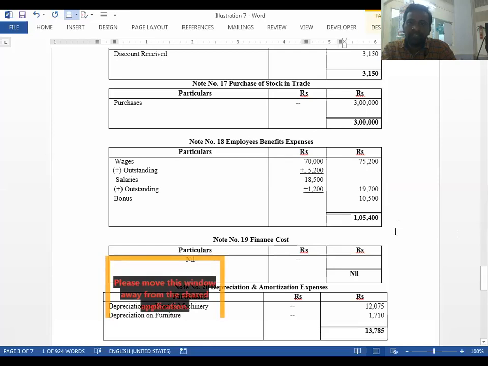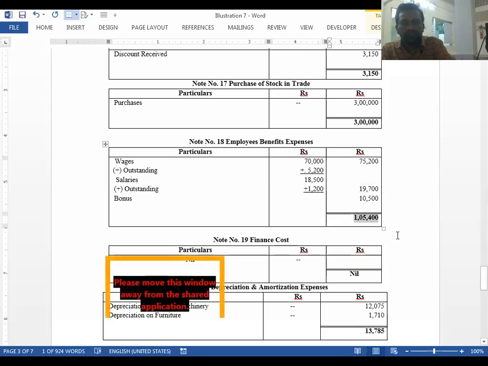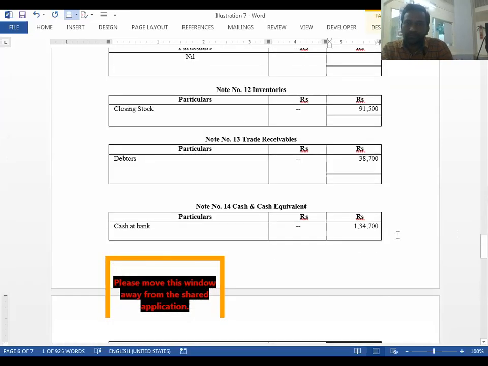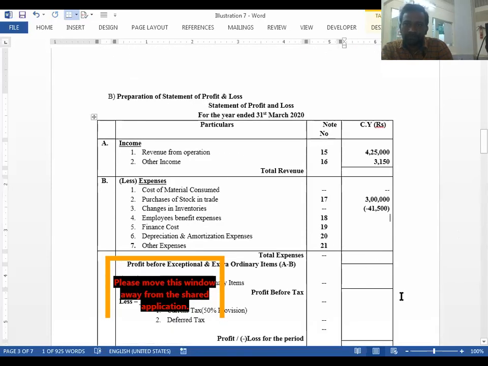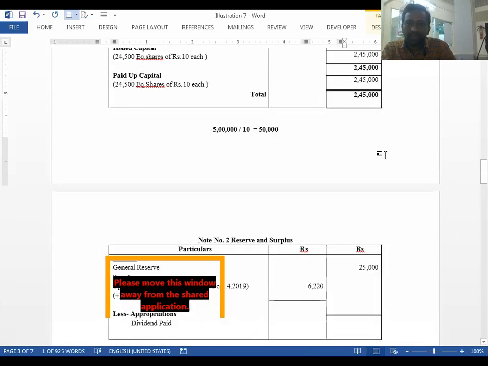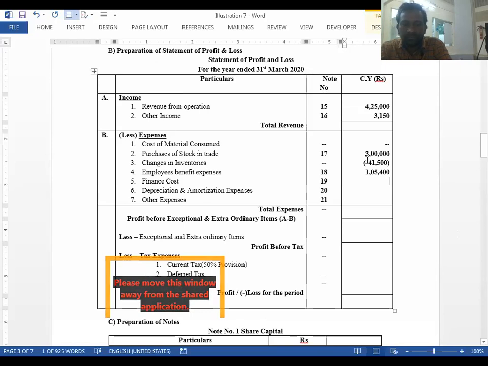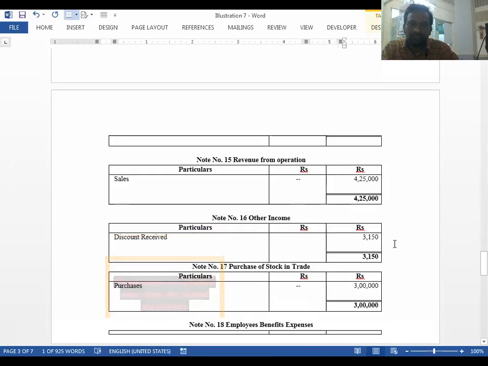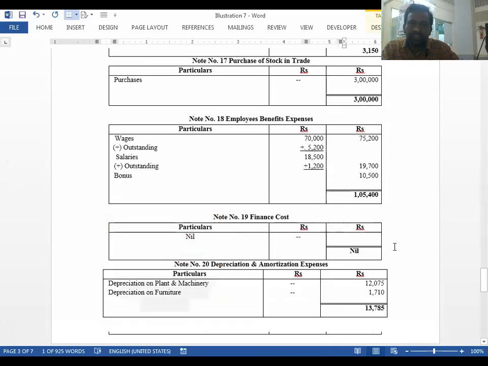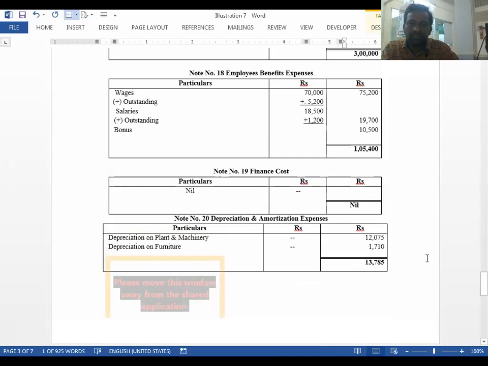Then employee benefit expenses, 1,05,400. Then finance cost. Finance cost is nil.